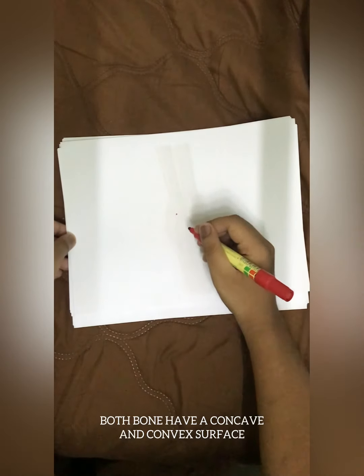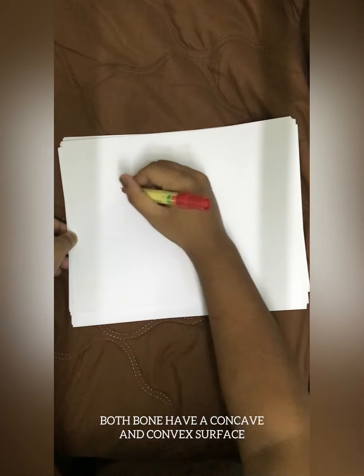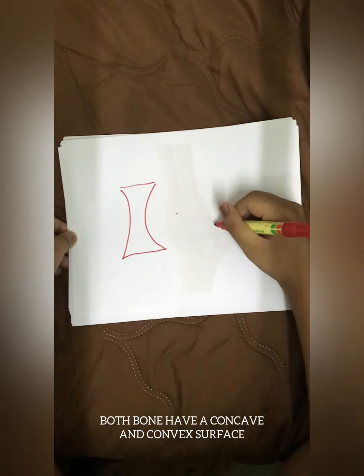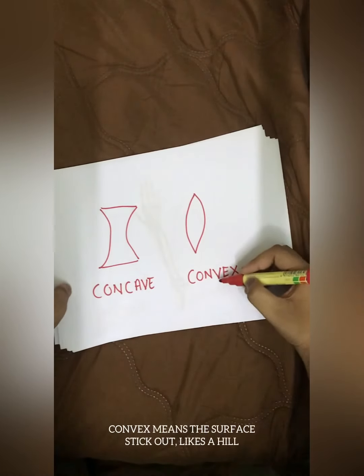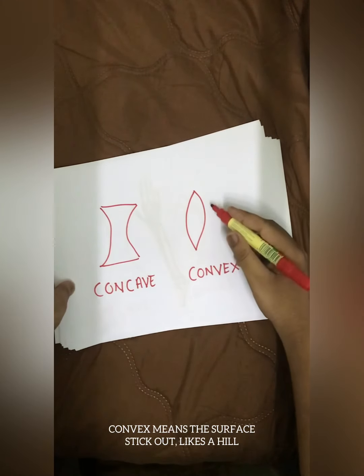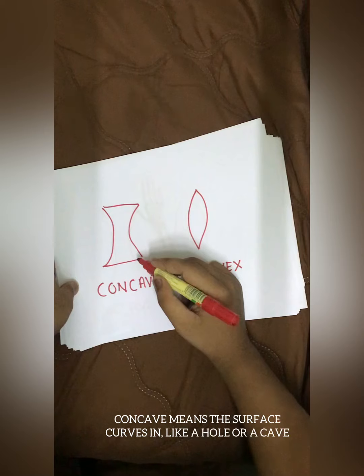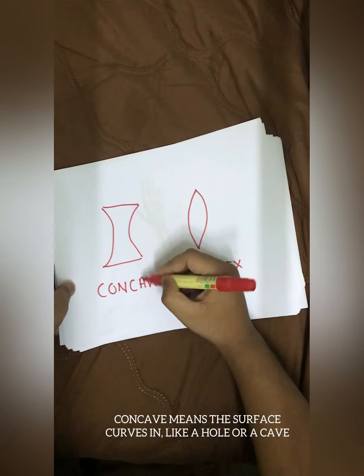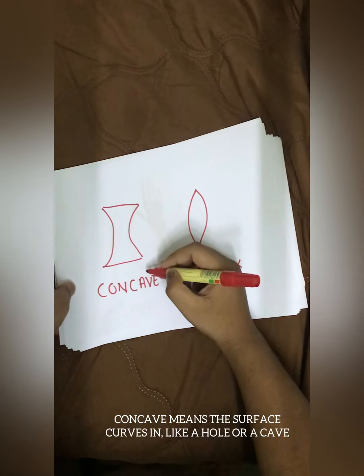Both bones have a concave and a convex surface. Convex means the surface sticks out like a hill, and concave means the surface curves in like a hole or a cave.